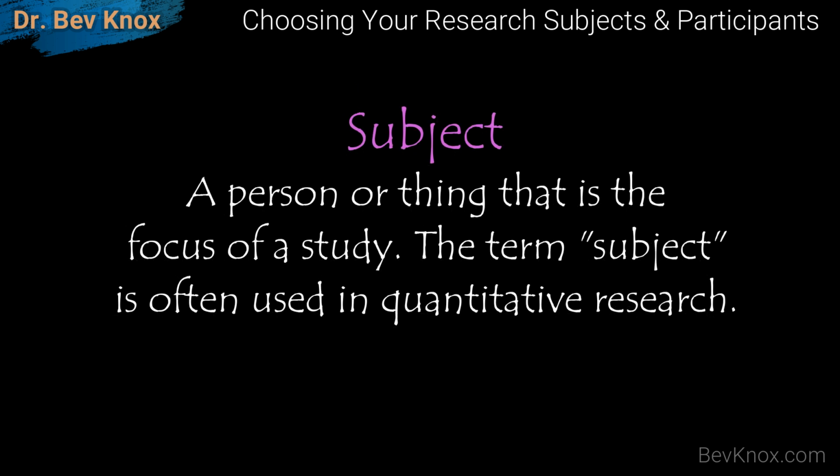And a subject is a person or thing that is the focus of a study. The term subject is often used in quantitative research. However, some researchers object to using this term for human research because it can imply that the person was not actively involved in the study.